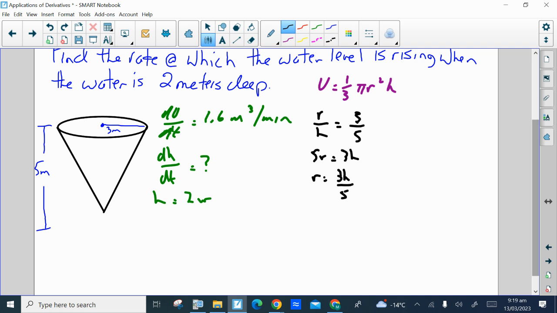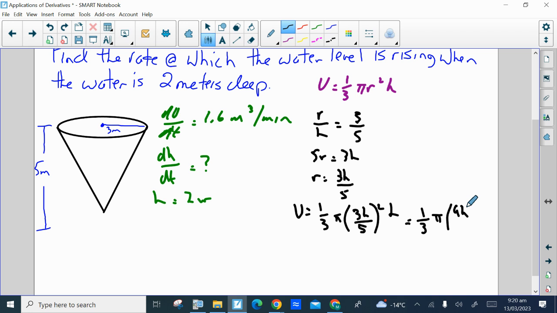And we will now put that in our equation. Now we can say volume equals 1/3 pi times r, which is 3h over 5, and that needs to be squared, times h. So if we simplify this, we will get 1/3 pi times 9h squared over 25 times h.